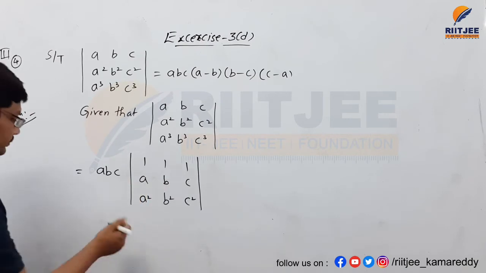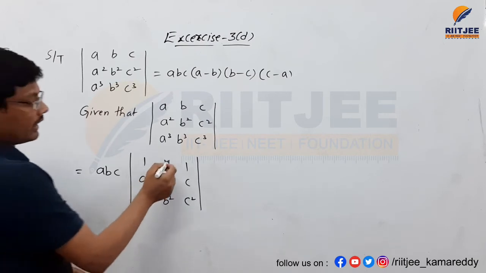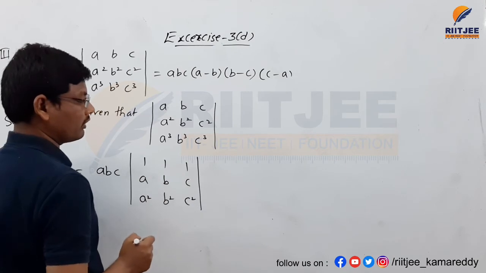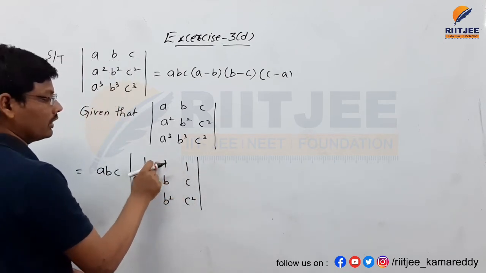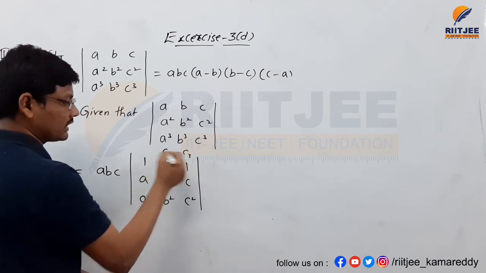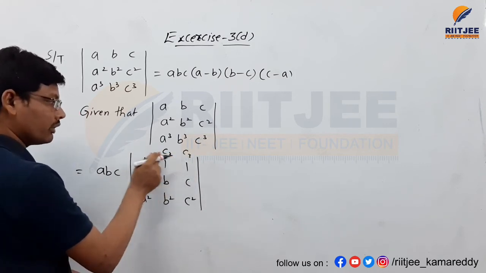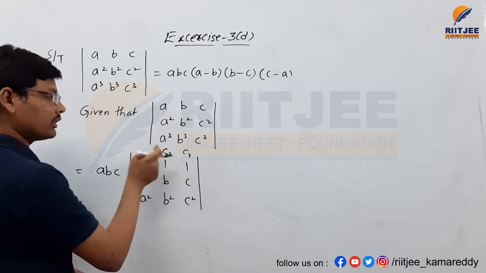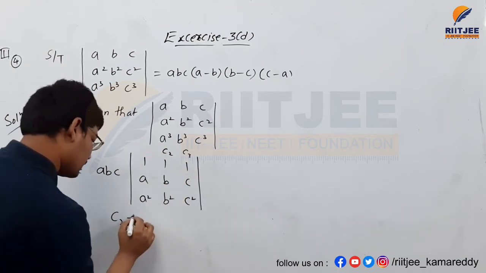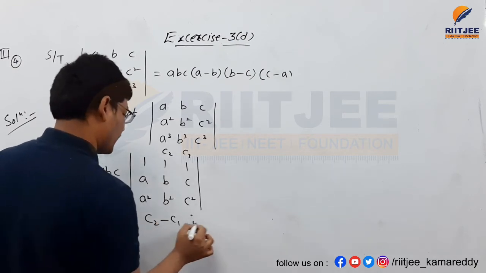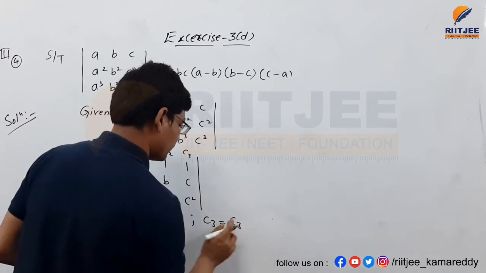So to convert this element to 0, what should we do? I am changing these columns, C2 and C3, with respect to C1. C2 is changed to C2 minus C1 and C3 is changed to C3 minus C1.